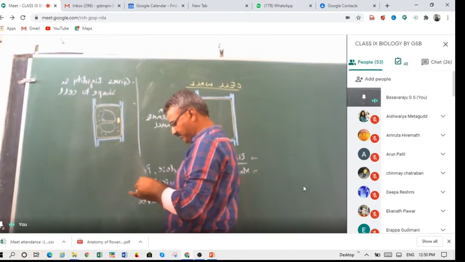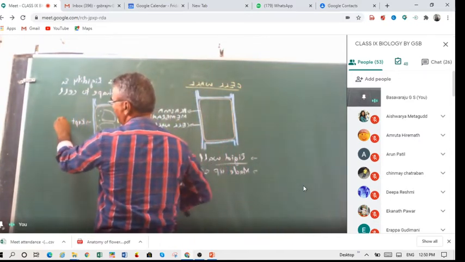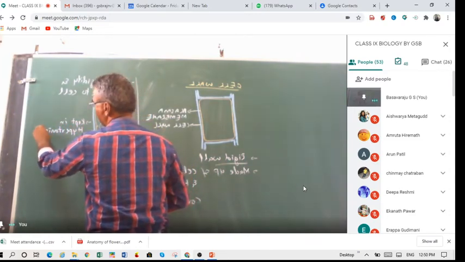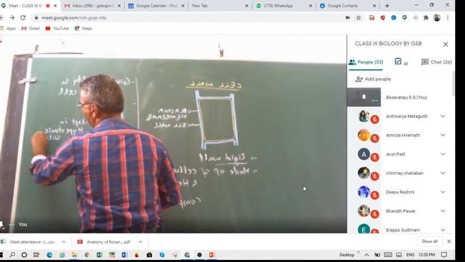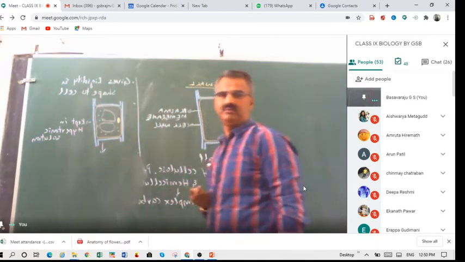So when it is kept in hypertonic solution, if you keep this one in hypertonic solution, what should happen?